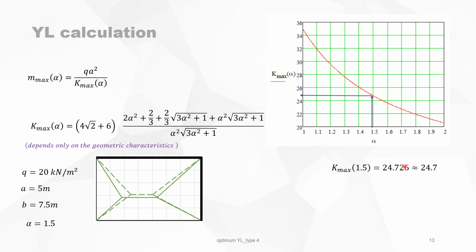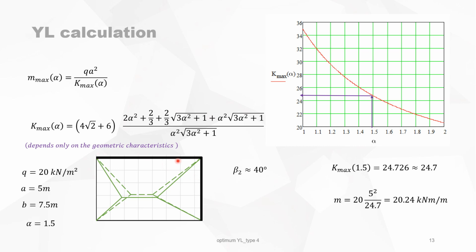Using this formula, you find 24.726 and so on. So we use 24.7, and the maximum bending moment is then the total load, 20, times the size a squared divided by the k max factor, which is 24.7. It gives you 20.24 kilonewton meter per meter.